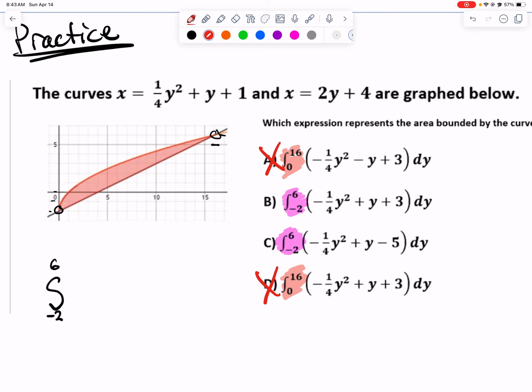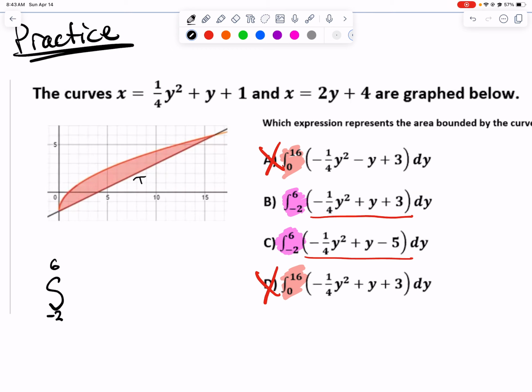Now I have to figure out if it's going to be this or this. What am I taking the antiderivative of? What I could do is start by setting it up. So which function is my right function here? I'm also going to erase some just to make this a little easier to look at. My right function is the straight function.